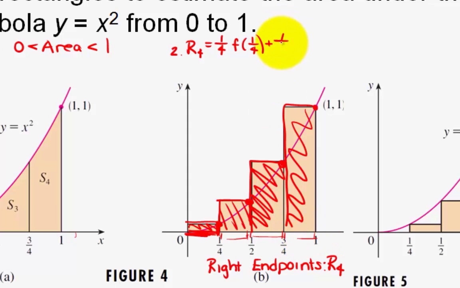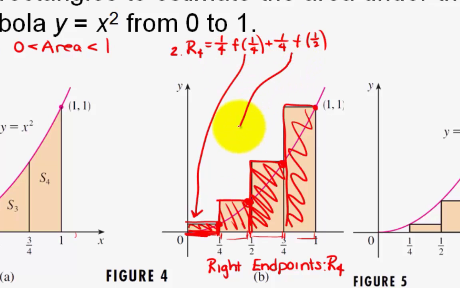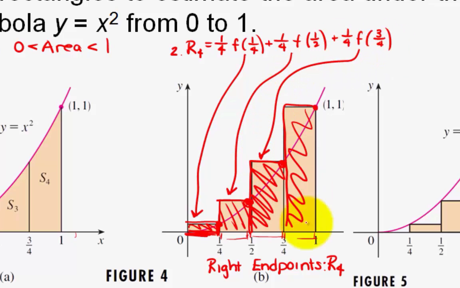So then I do the width of my second rectangle, times f of 1/2, because that's what I used as the height of my second rectangle. Width times height. And then this one, I just used f of 1.